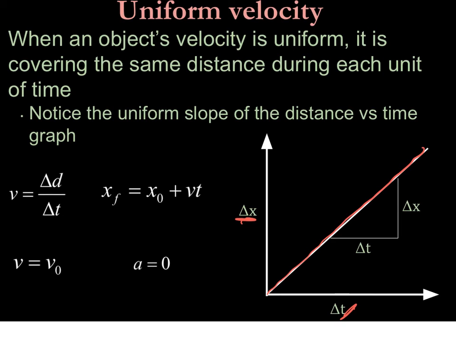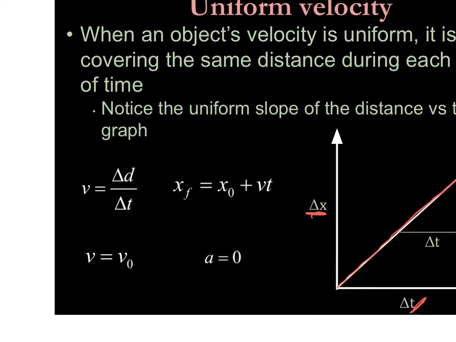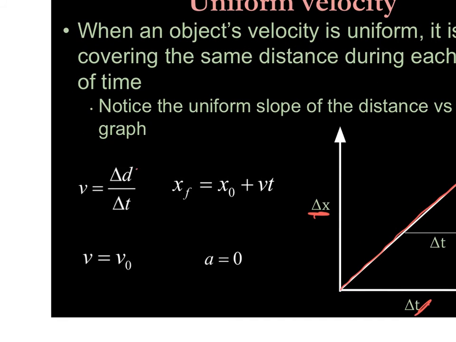The key to uniform velocity is that the slope should be constant. It's not necessarily going to run through the origin, but it might. So in this example, delta x, and actually let's write an x here just so we don't get too confused, although d and x are the same thing in this case, okay?